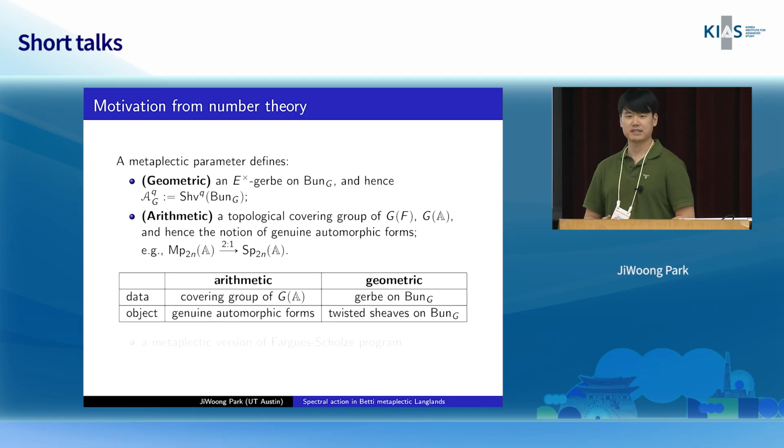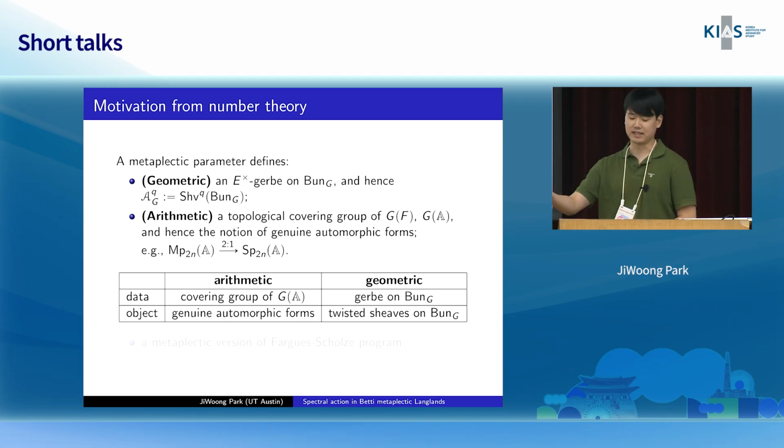So a metaplectic parameter can be defined in several different contexts. In the geometric context, it gives you an E-cross gerbe on Bun G. So you can talk about twisted sheaves on Bun G. And in the arithmetic context, it gives rise to a topological covering group of groups like G(F) or G(A), where F is a local field and A is the ring of adeles. So you can talk about concepts like genuine automorphic forms or genuine representations.